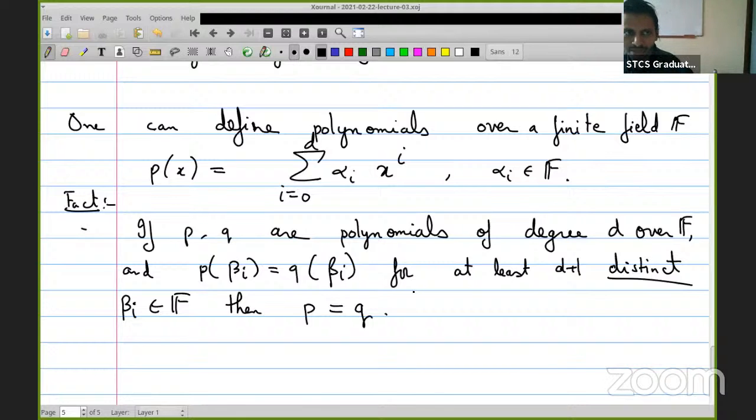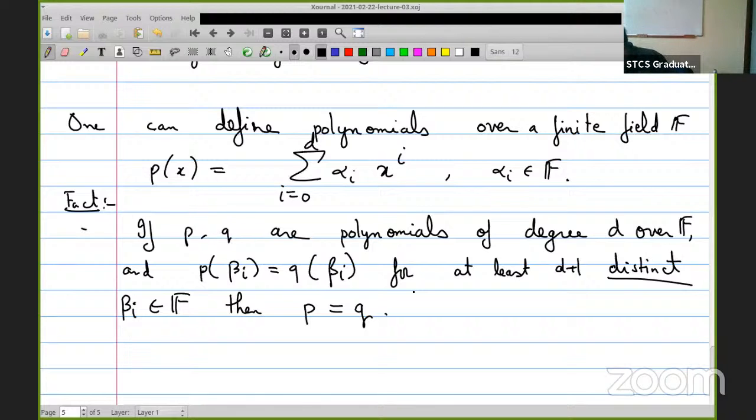And this is exactly the same proof that you would do over the reals or the complex numbers. Basically, you get a system of linear equations, and it has full rank because the determinant is a Vandermonde determinant. So a polynomial is completely determined by giving its value at d plus 1 points.